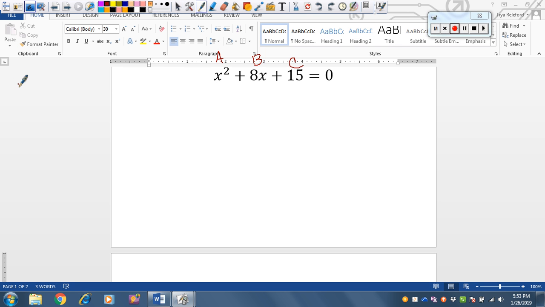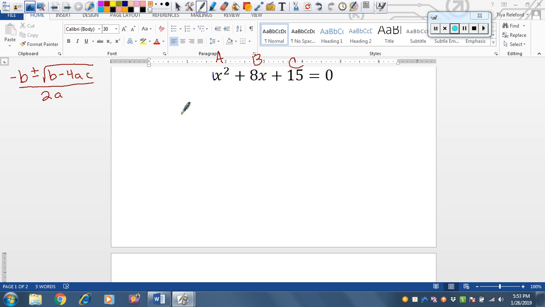We have -b plus or minus square root of b squared minus 4ac divided by 2a. So we know this is a 1 because it's not there.